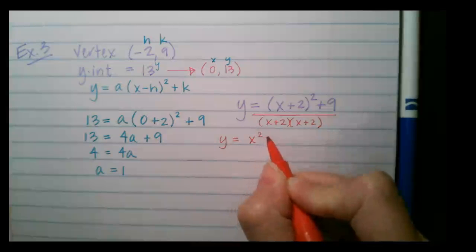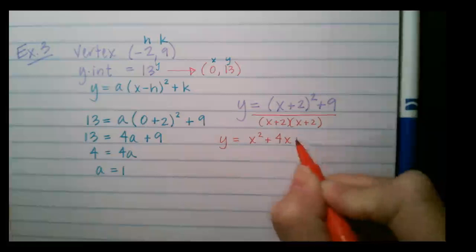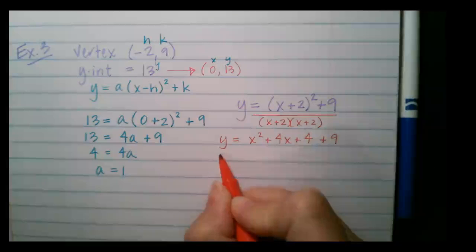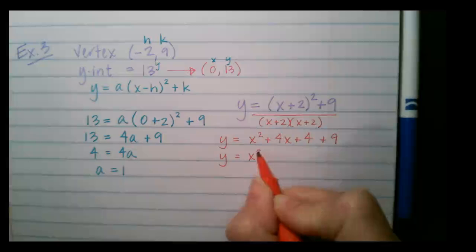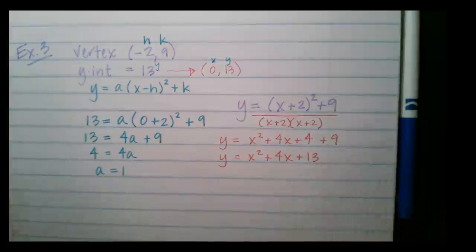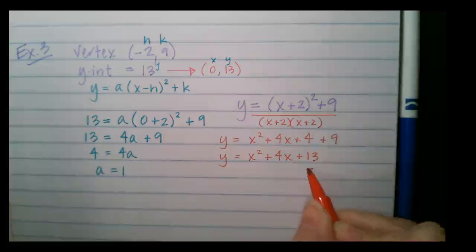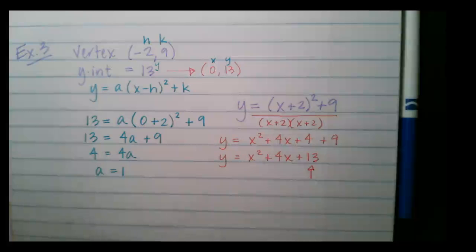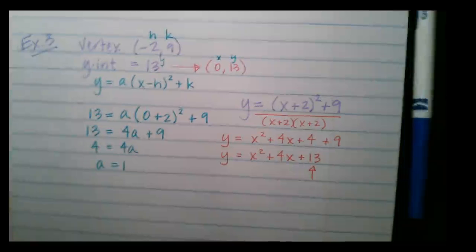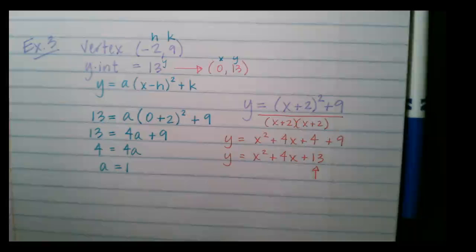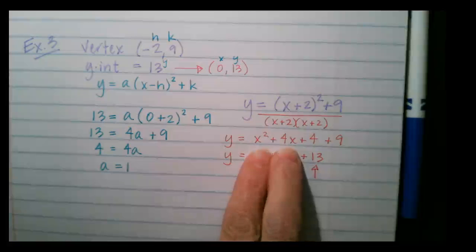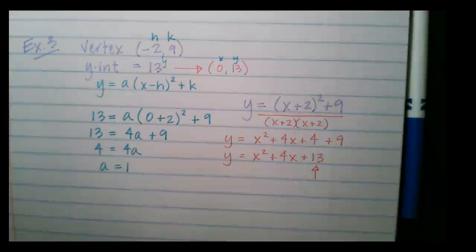So that'll give me x squared plus 4x plus 4, and then plus 9. So if I combine like terms, I get x squared plus 4x plus 13. So now I can see that the y-intercept is 13. And remember that we know that this is the y-intercept because the y-intercept is at the spot where x is 0. So if x is 0, I can basically cover those up and I can see that y is 13.